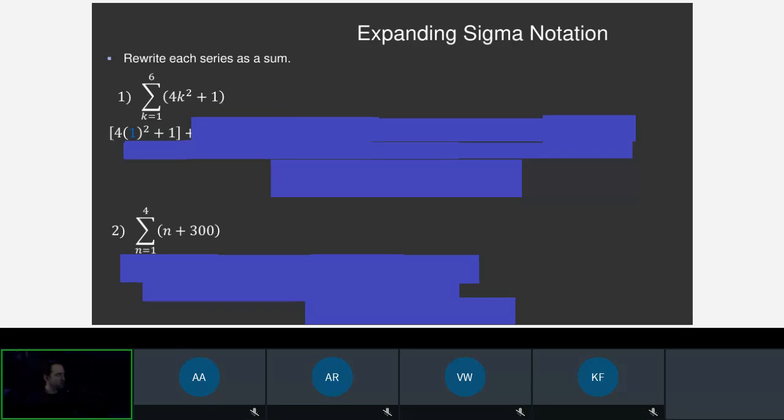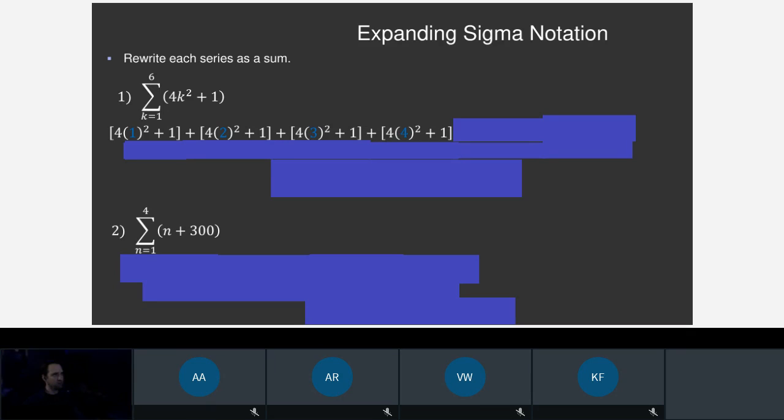And if you notice, I have this in brackets. And I like using brackets to show each little piece. So I think it's a good idea to do the same thing. So then we go to the next k value, which is k equals 2, and we plug that into the expression. Pretty straightforward. And then we plug in 3, and plug in 4, and then 5, and then 6.